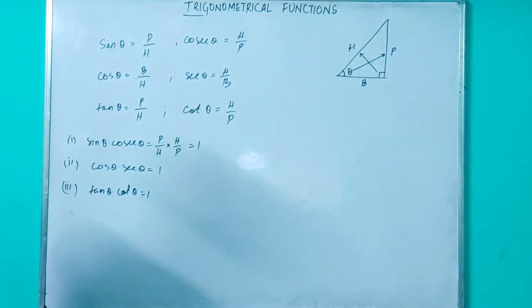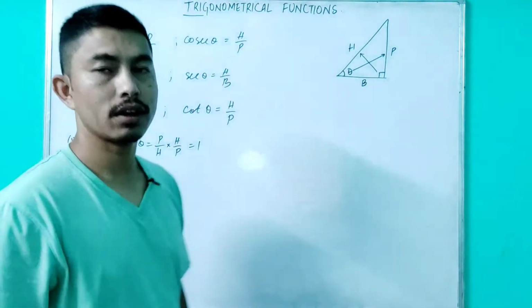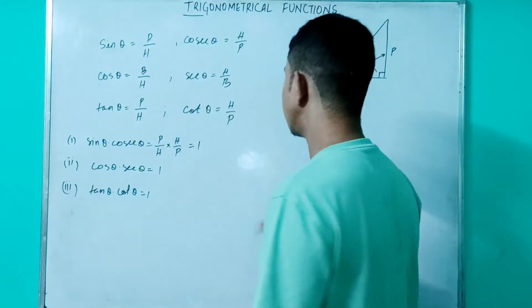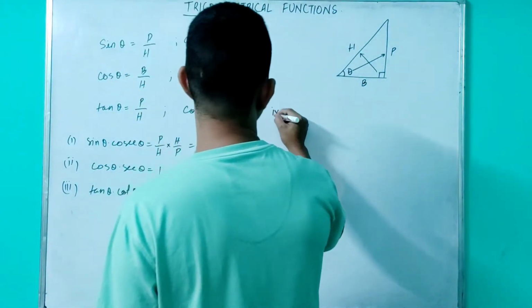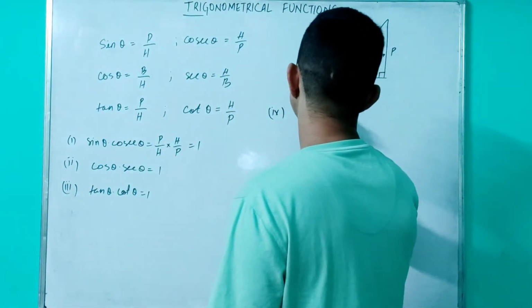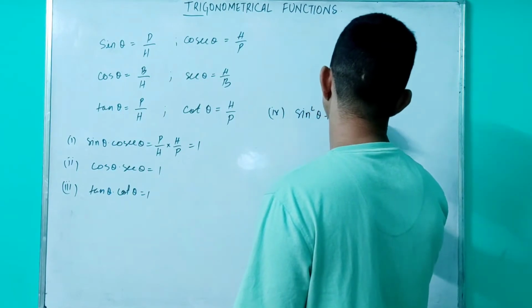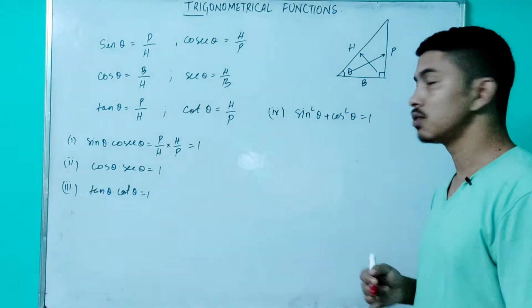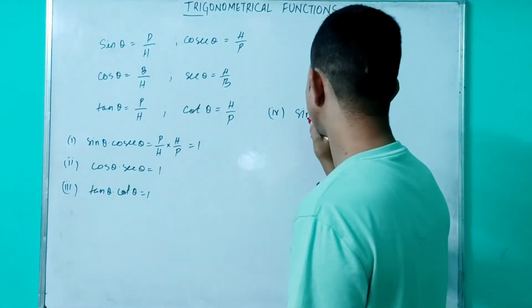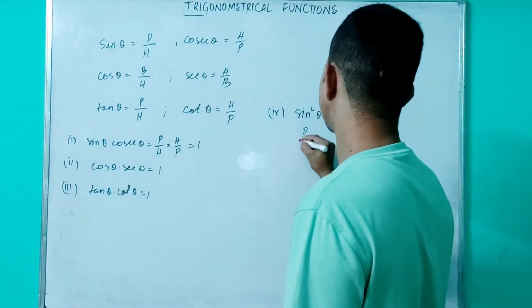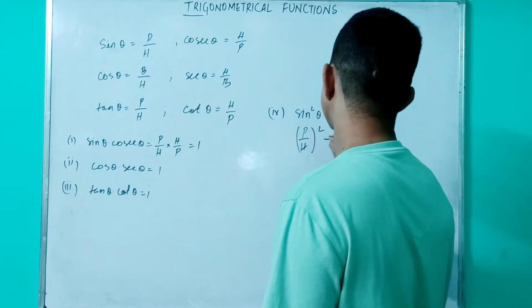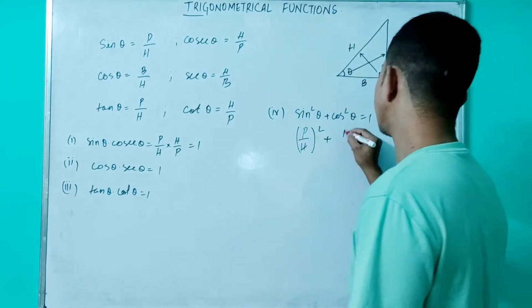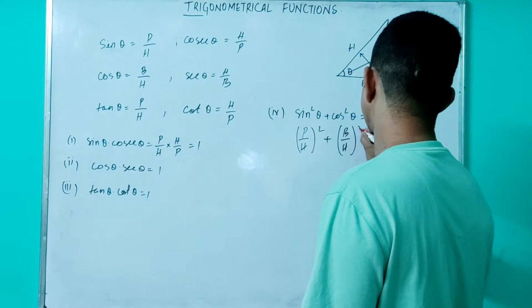Now the next formula, a very important and very basic formula, the fourth formula, is sin square theta plus cos square theta equals 1. If you are asked to prove how this formula is valid: sine means perpendicular by hypotenuse whole square, plus cos means base by hypotenuse whole square.